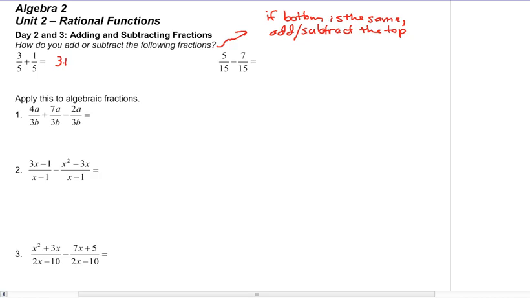So 3 plus 1. And then on the bottom is just going to be what you had in the denominator, 5. Okay, so since the bottoms were the same, you can add the tops together. So 3 plus 1 is 4 over the denominator of 5. Circle it, and that's it. You're good to go.